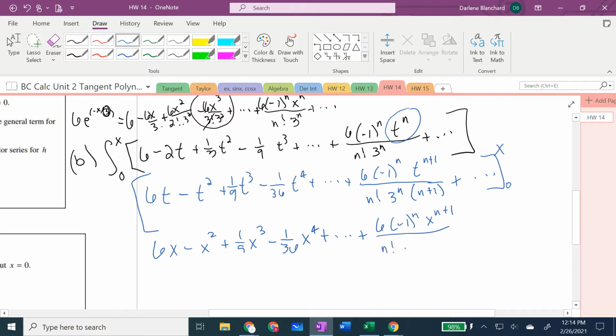And when I say everything that I see, I mean every t that I see. And then minus, and then I plug 0 in. But because 0 is the center, everything is 0.